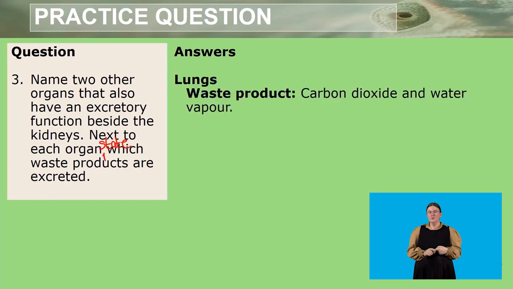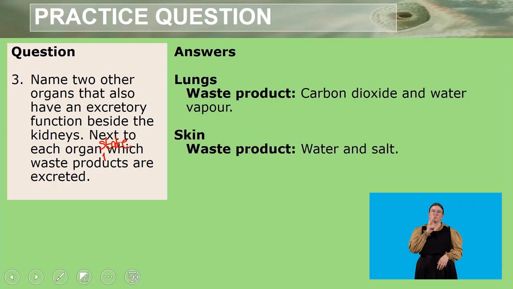We have an excretory organ known as the lungs. Which waste products do the lungs excrete? We know that it excretes carbon dioxide and water vapor. And then the second one would be the skin, and the waste products would be water and salt.